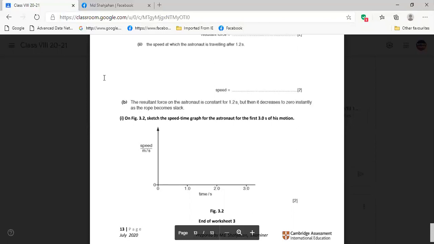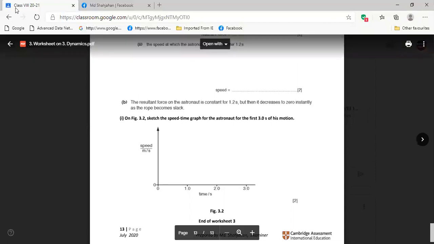Then the speed 0.42, that one you have to label. And as there is no specific scaling given here, that's why you can take it anywhere. Like if we consider here, it is 0.42. Okay, so label it here 0.42.